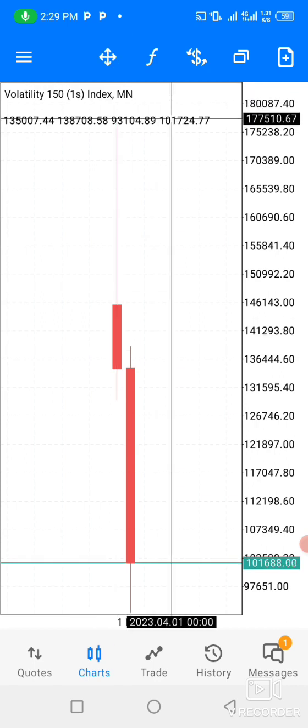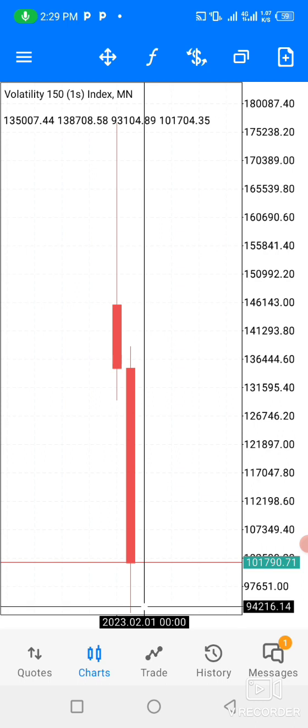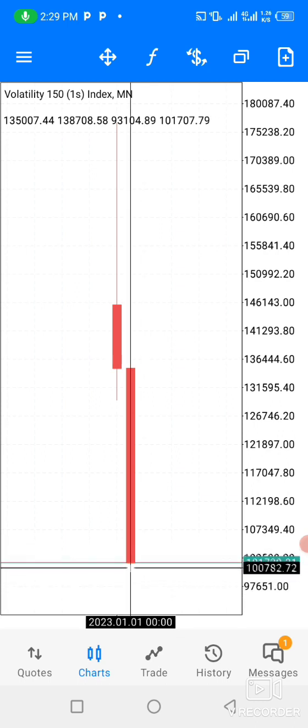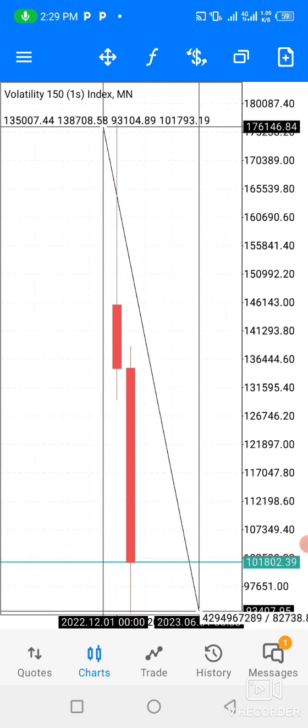We see a market that dropped from a price of $176,955 and is currently running to a price of $101,700 something. If you calculate the pip difference, it has covered over 82,000 pips in a couple of months.